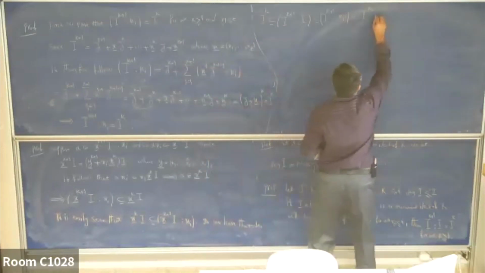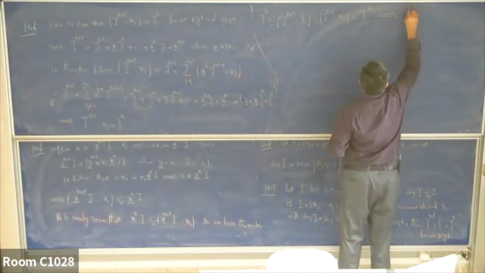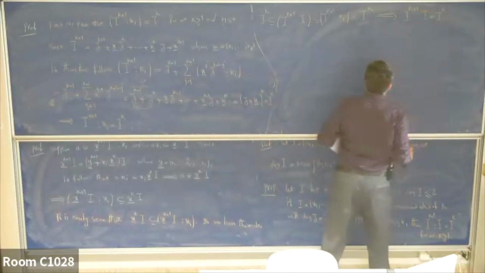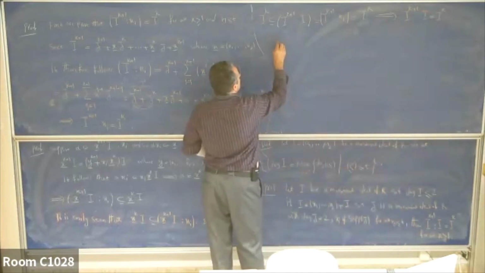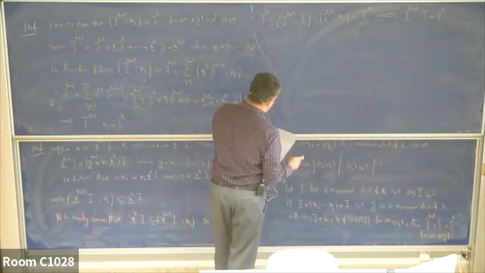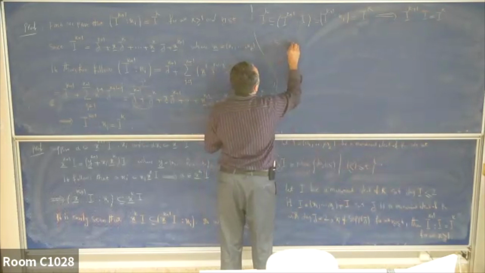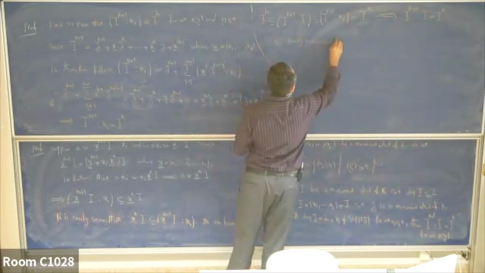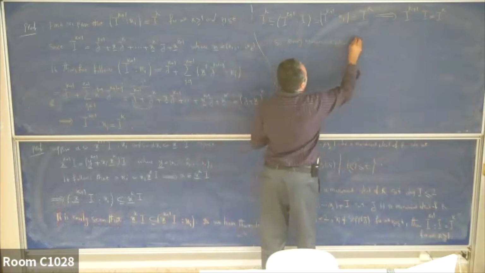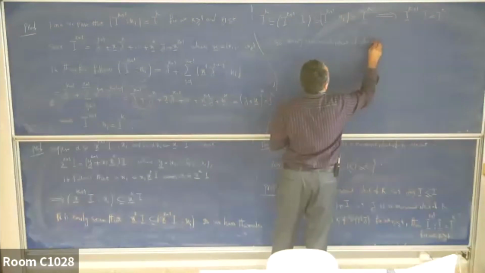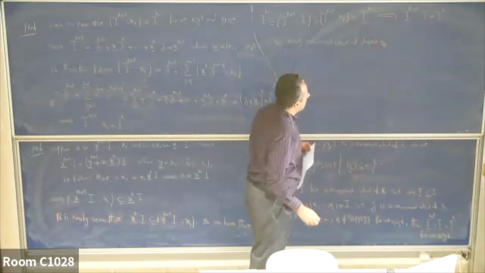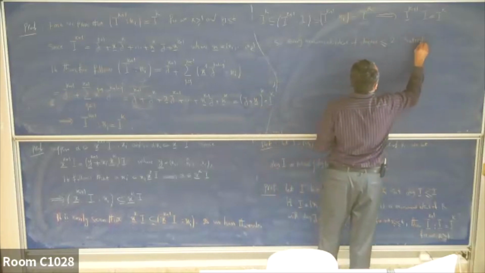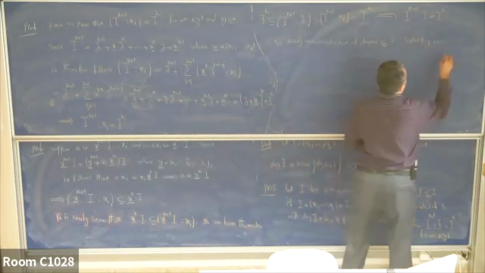So we have the equality: I^(k+1) : xi is equal to I^k. It says that every monomial ideal of degree less than or equal to 2 satisfies the strong persistence property.